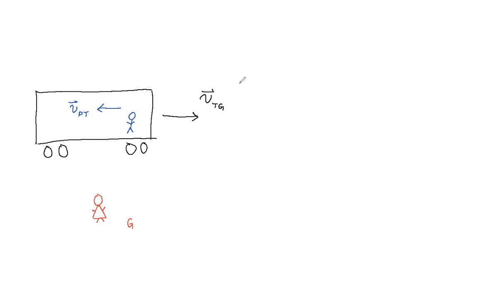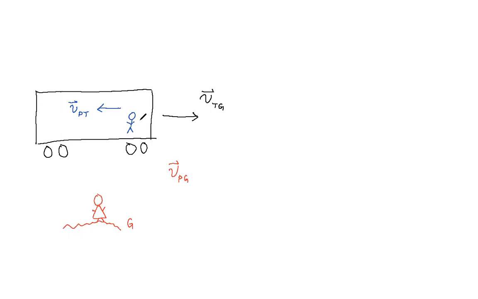The way you do it is quite simple. You simply have to add the velocity vectors. So if we are interested in knowing, for example, what is the velocity of the person relative to the ground? There's our person, and here's the ground, standing on the ground watching this all happen.